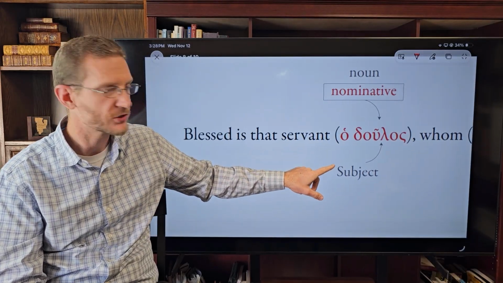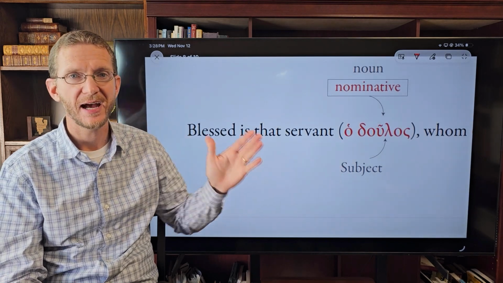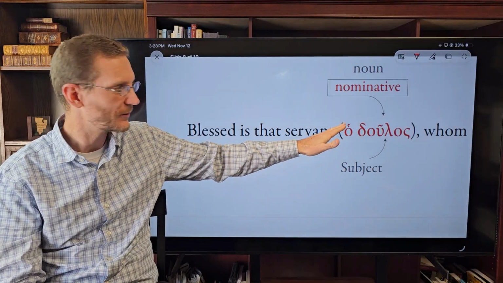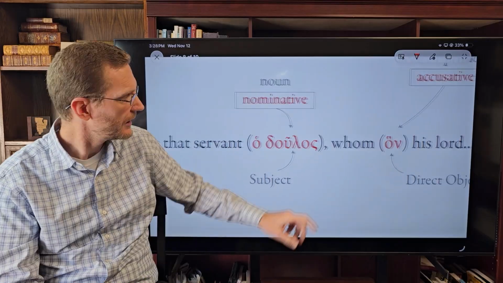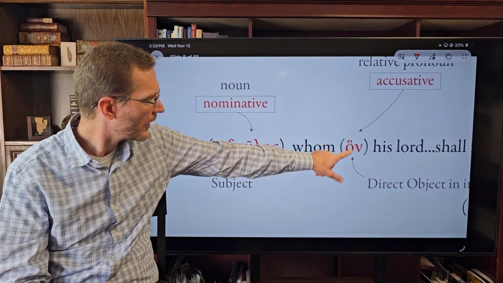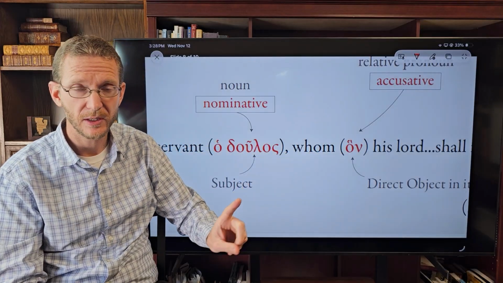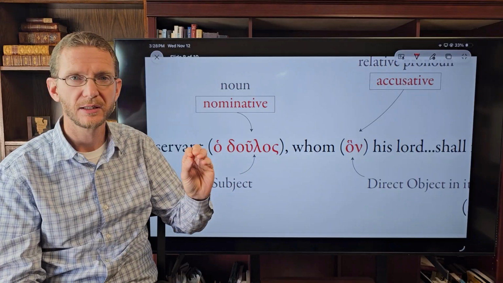I shouldn't have it on the screen; I should ask you, what will its case be? And you would say, I don't know, because it's not going to come from the word servant, which is in the nominative. It's in the accusative, hon. It is masculine, it is singular. It agrees in those two ways, but not in the third way, which is case.